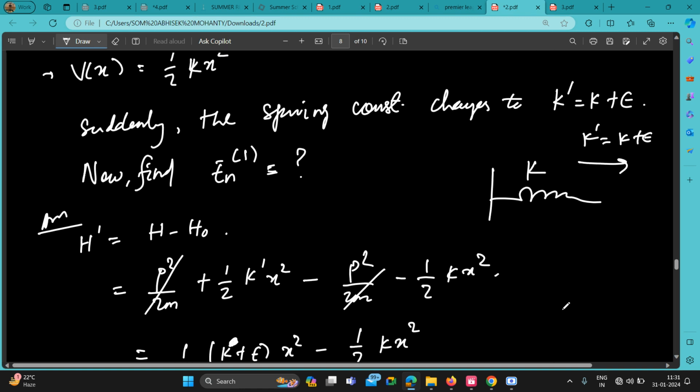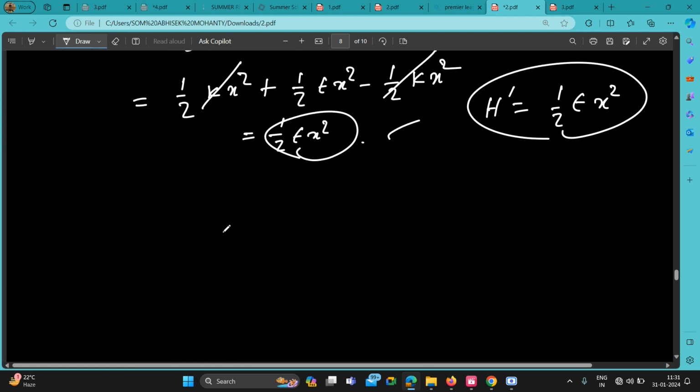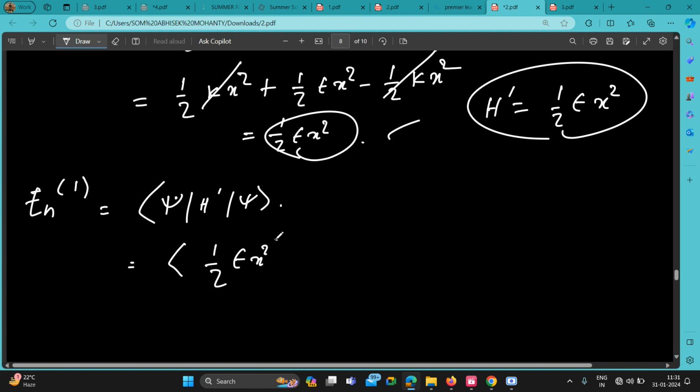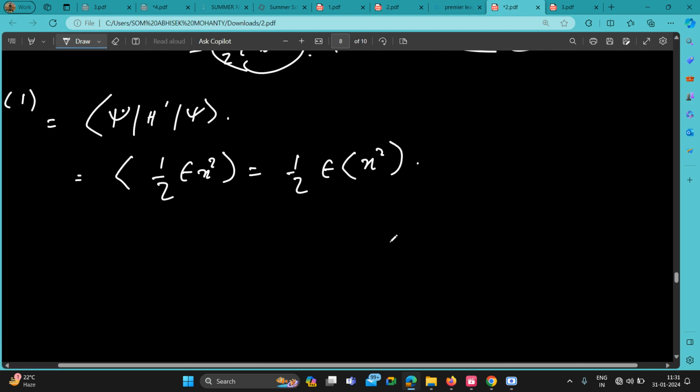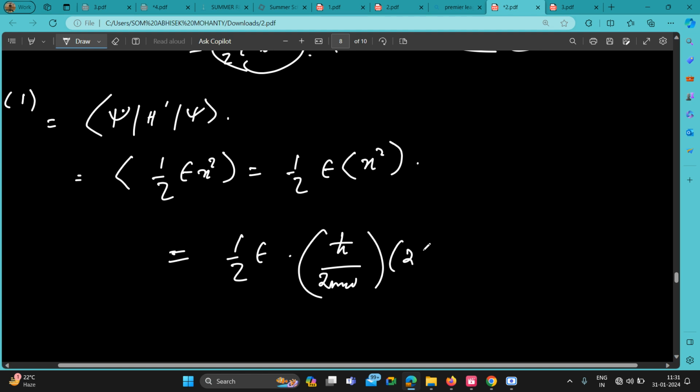Okay. So now find first order correction. First order correction we know En1 is equal to what? Psi H dash psi. That means expectation value of half epsilon x square. We don't do the integration. See how will we do it? Now if you remember, the expectation value of x square for the quantum harmonic oscillator is h squared by 2m omega, 2n plus 1.